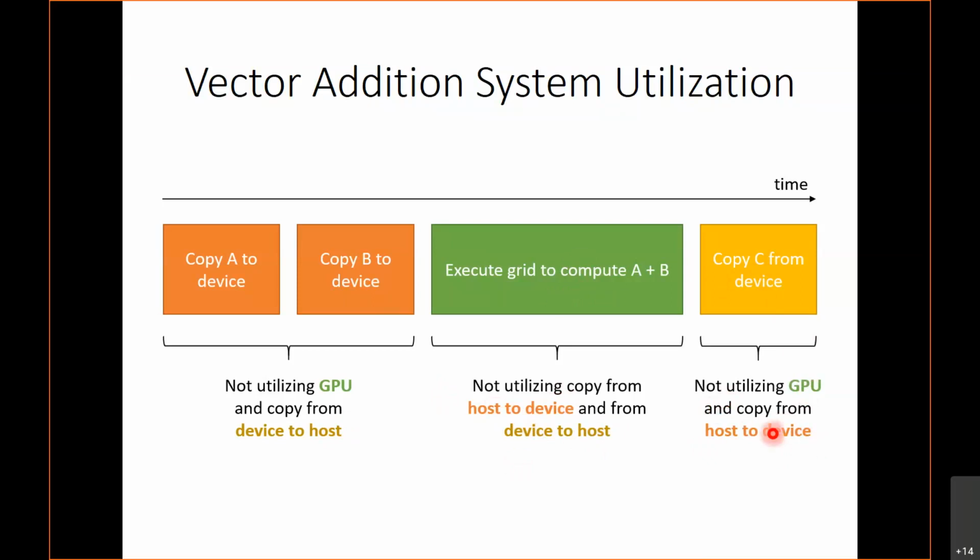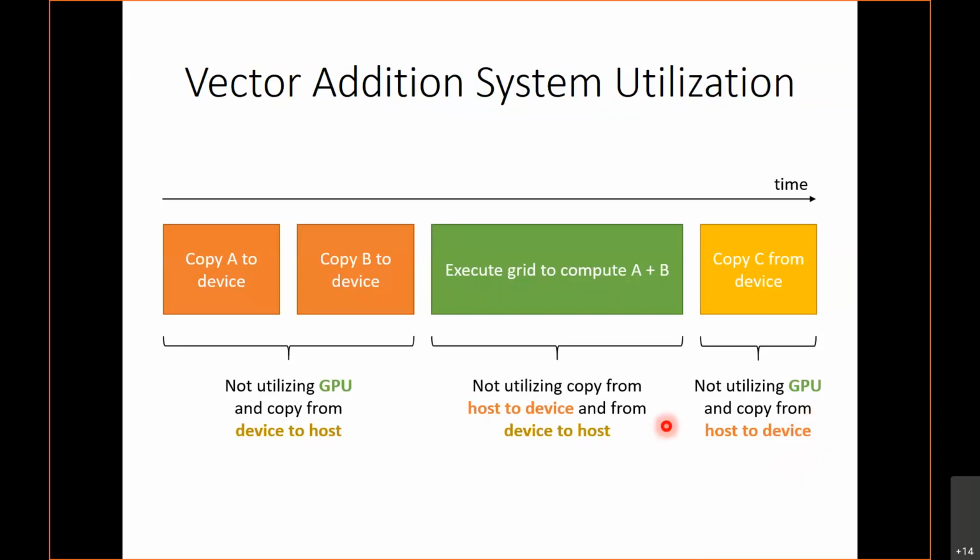So what can we do to be able to utilize these hardware resources better? We can send it bit by bit and start computing as we receive, and then output to main memory as we finish computing.